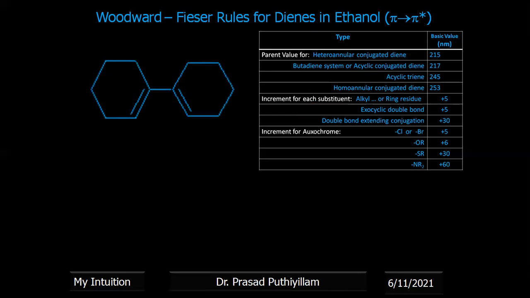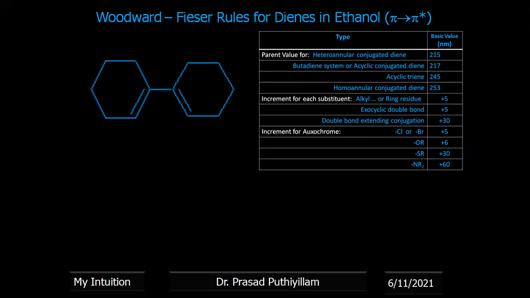It is not heteroannular. It is not homoannular, because to become heteroannular, it should be a fused ring. This is not a fused ring. One ring is having a single bond connected to another ring. It is not fused. Therefore, we cannot consider it as even heteroannular. Otherwise, if the conjugation is not in the same ring we call it heteroannular.